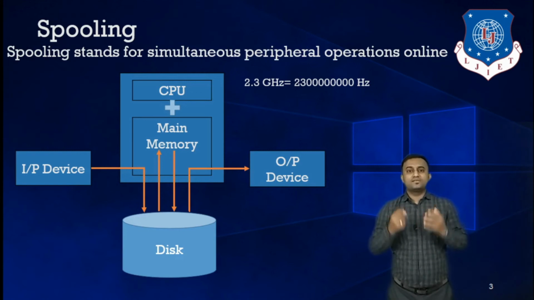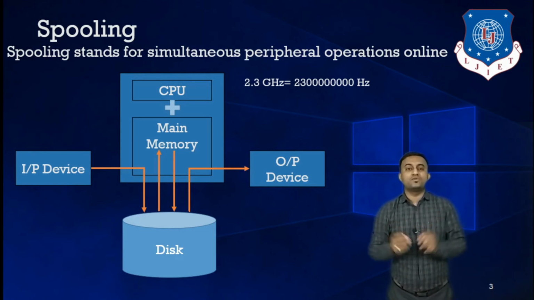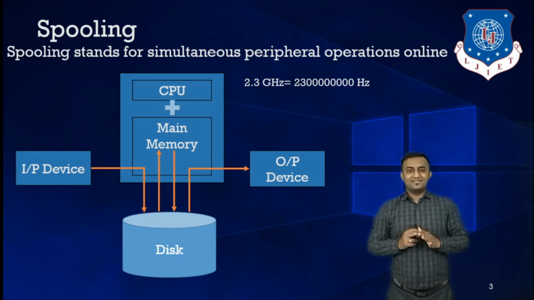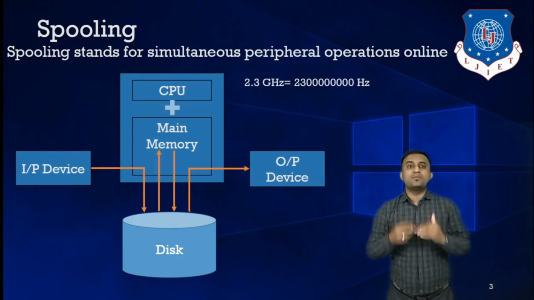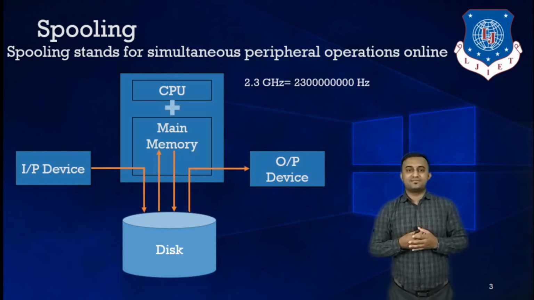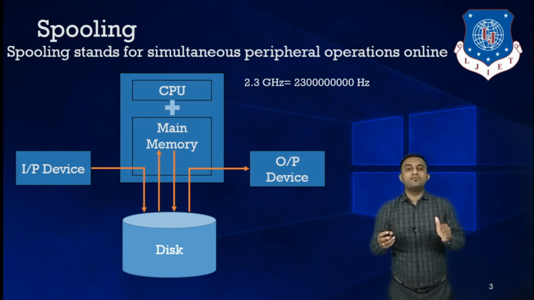There is one advantage. We have isolated the input-output devices from the CPU. Definitely, the task of the CPU in this case is not dependent on the input-output devices, because input and output here we have isolated from the CPU.